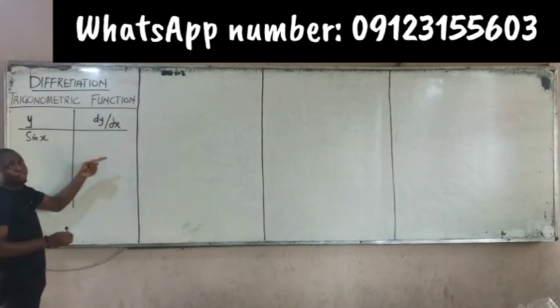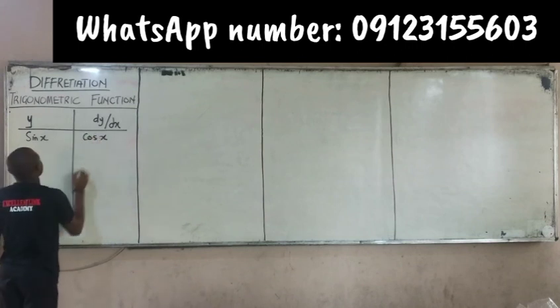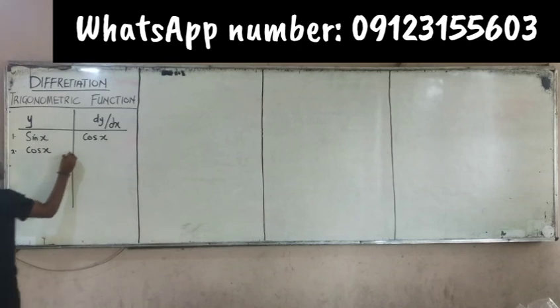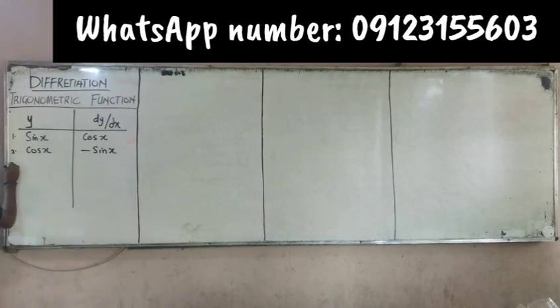So my derivative, dy by dx, will be cos x. That's number 1. Number 2, let's say I'm given that y is equal to cos x. The dy by dx is what? Minus sin x. Number 3, let's say I'm given that y is equal to tan x.